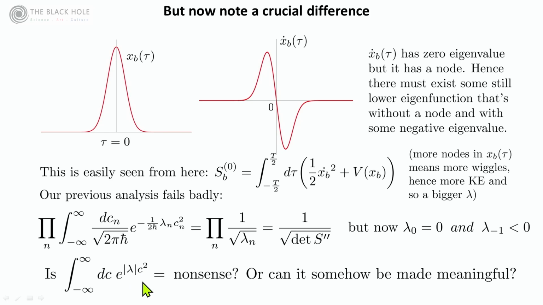So is it possible to make sense out of nonsense? I mean, this is badly infinite. It's not only infinite, it's badly infinite. Earlier on, it was quite bad because we had lambda equal to 0 over here. So then we argued around and said that that's an integral which is proportional to time. It turned out it wasn't quite so simple. There was a factor in front, and so we had to argue for getting the right measure. But here, it seems terrible.